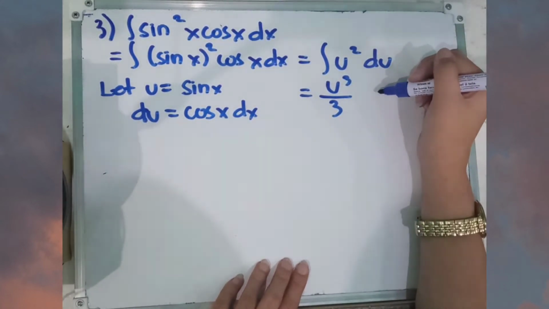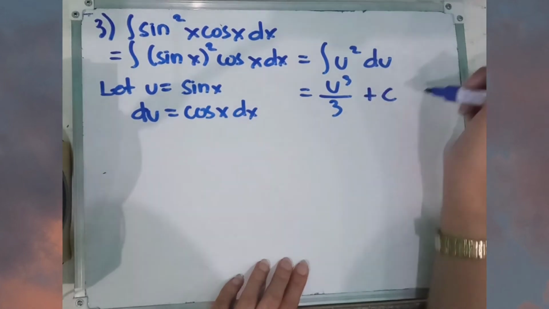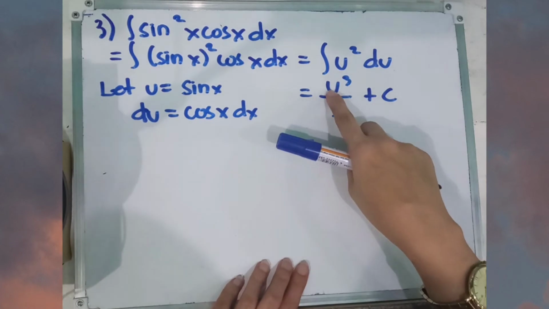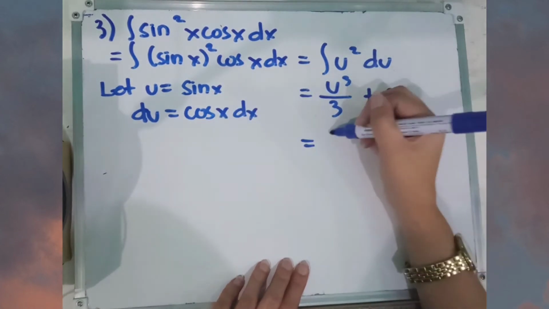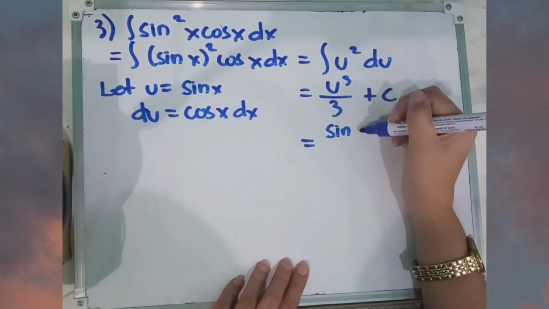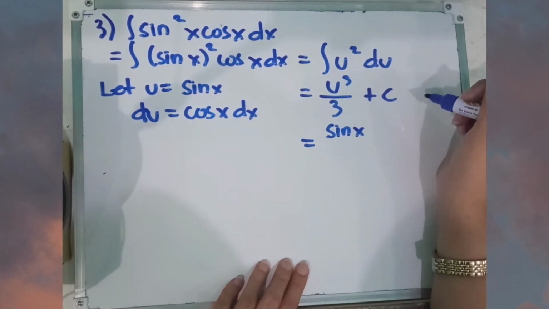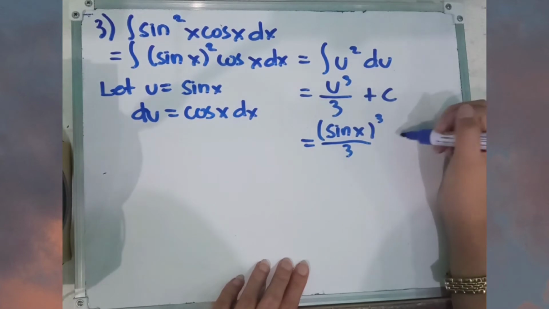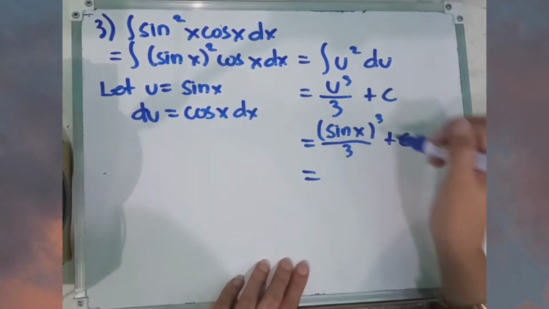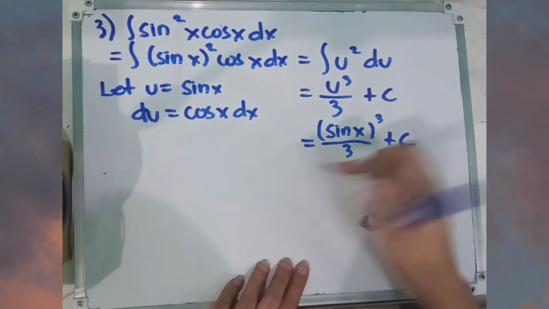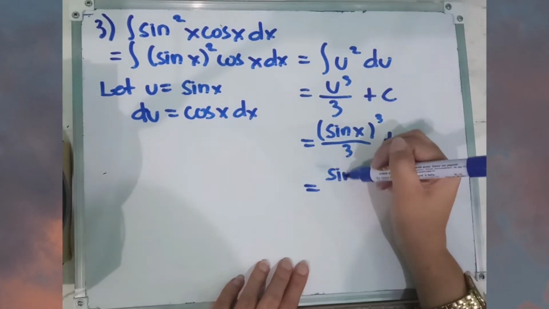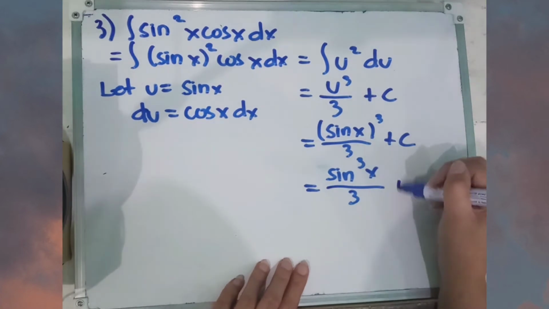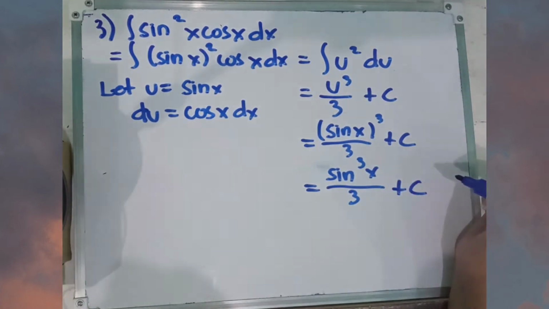So that's u cubed over 3 plus c. Going back, u is sine x, so that's sine x cubed over 3 plus c, or we can rewrite that as sine cubed x over 3 plus c.